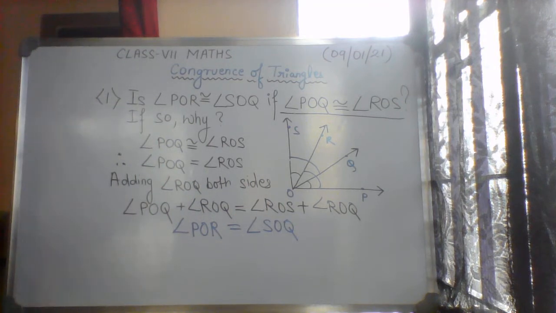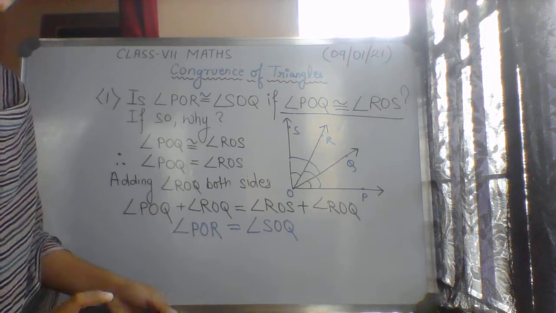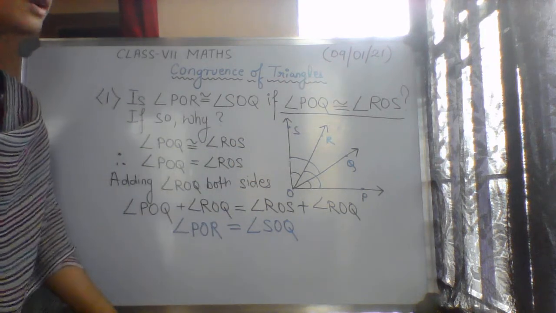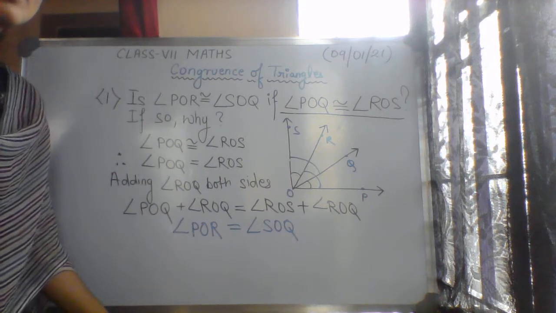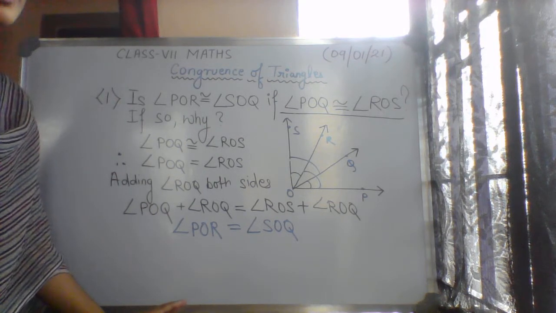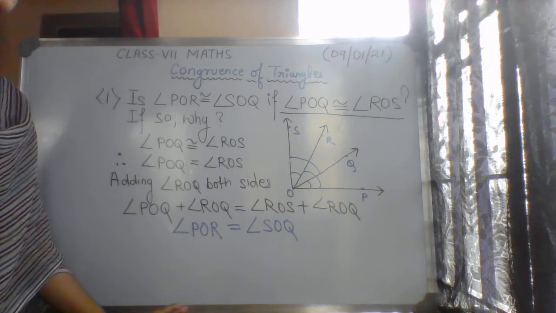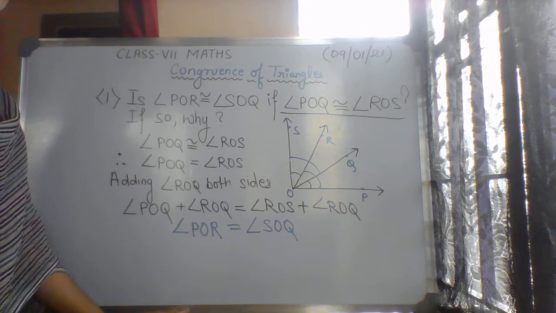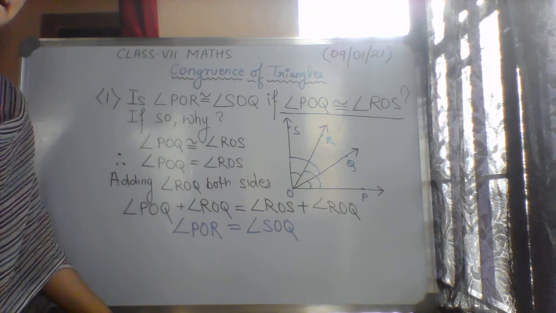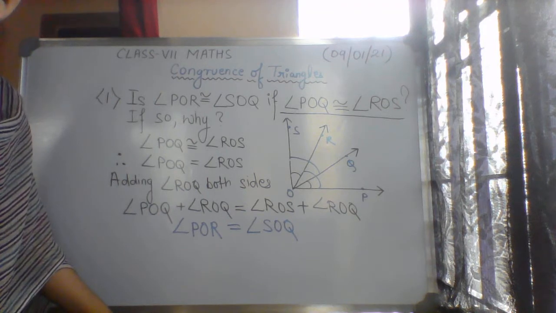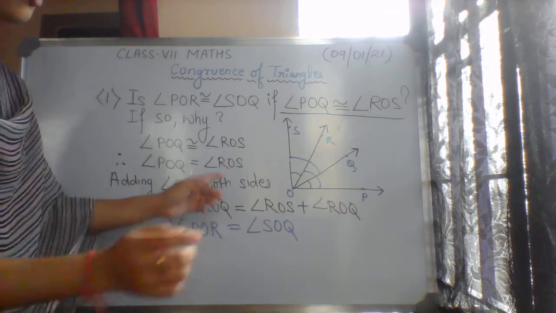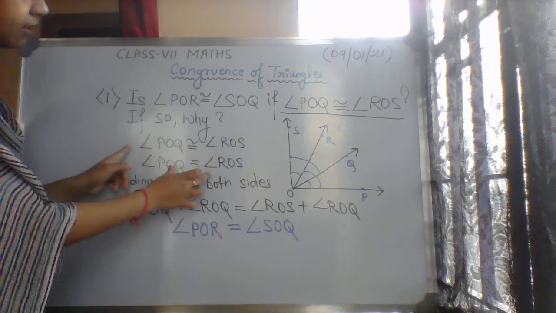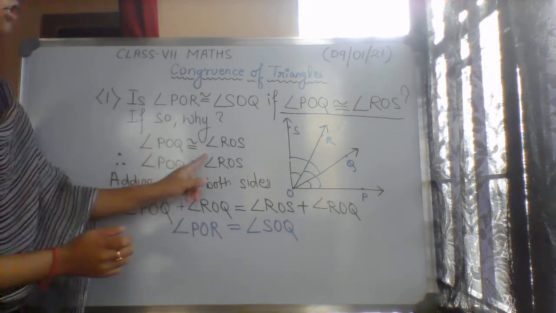Okay. Now you just tell the opposite thing also. You know if two angles are congruent, we can tell, if two angles are congruent, what do we tell? The angle measurements are equal. We can tell just the opposite thing. If angle measurements are equal, then they will be congruent angles. Okay, from congruency, we are just getting that angle measurement equal.